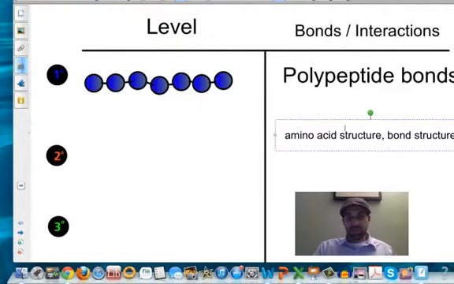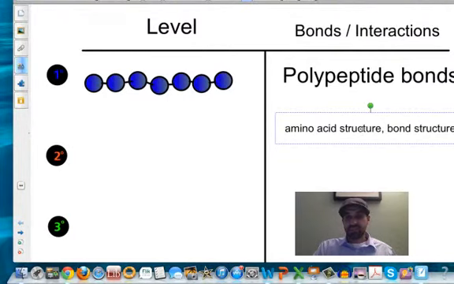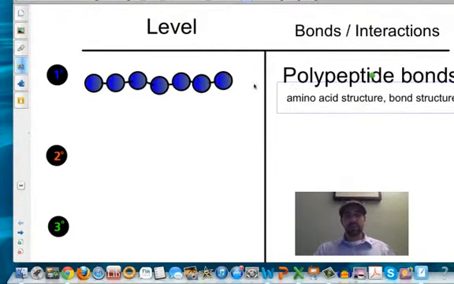So amino acid structure and bond structure are going to become important for your discussion. And again, you're going to have to show this in class. So primary structure, polypeptide bonds.